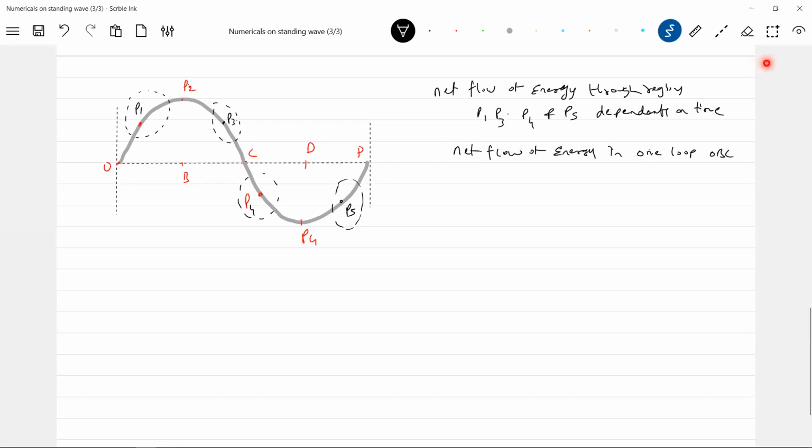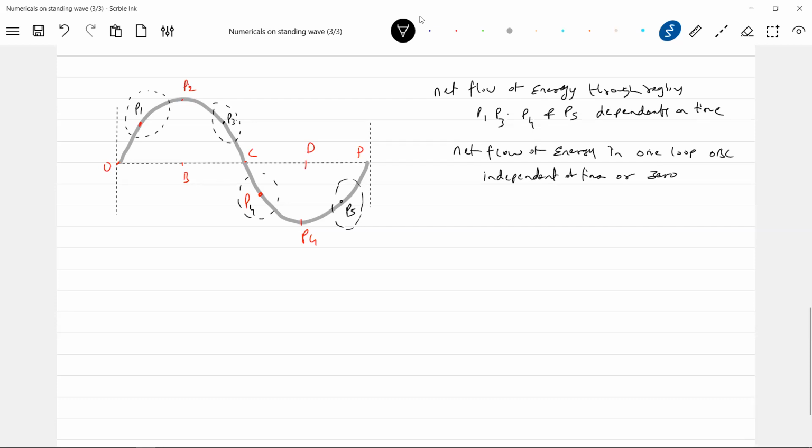It remains constant, no? That's what a standing wave is. How much energy then should one loop have? It should remain fixed here. Net flow of energy in one loop through section OC, or you can say one loop OBC, is independent of time, or zero, because there's no net flow.